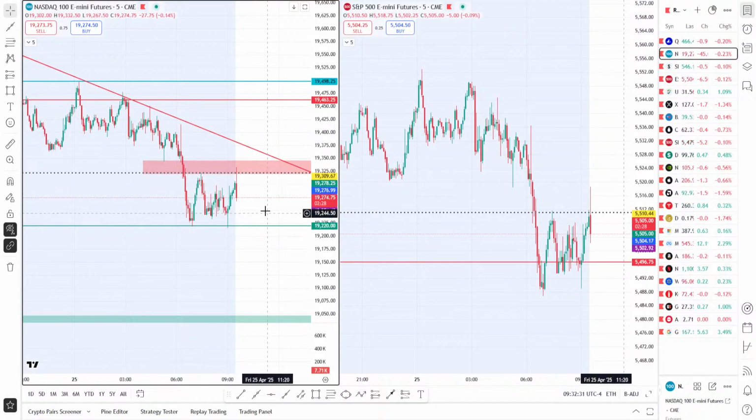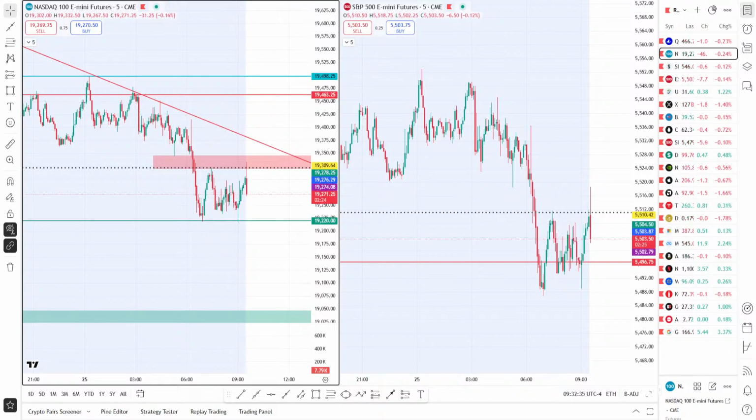I want to try some shorts here. Looking kind of trappish. I'd like to see this candle close strong from the sell side.